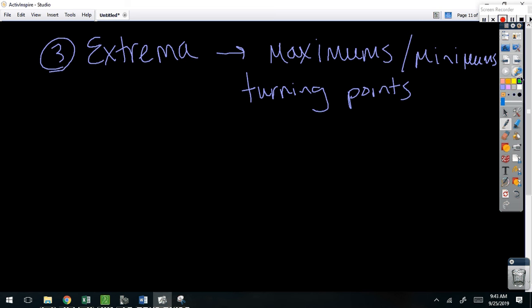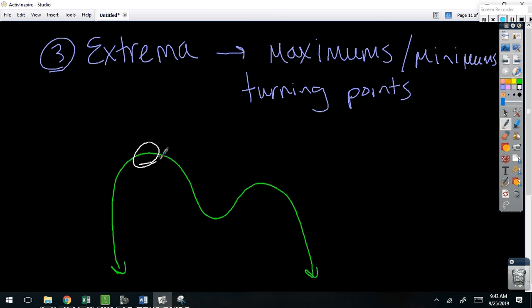And I'll just take a second to tell you about each kind. Okay. This one, at this point, I hope you can see. You see I'm increasing, increasing, increasing, increasing. At this point, I stop increasing and I start decreasing, right? Do you think that might be a maximum or a minimum? A maximum. It's a high point, okay?